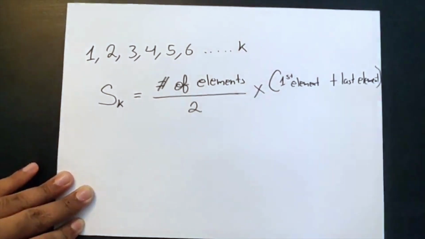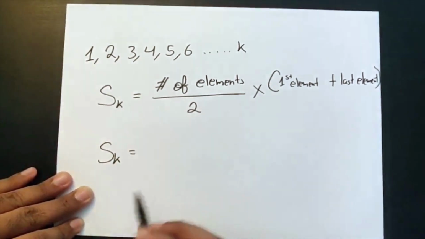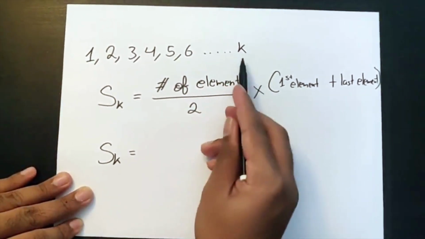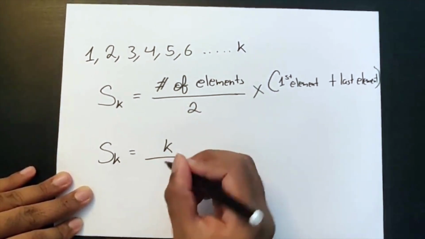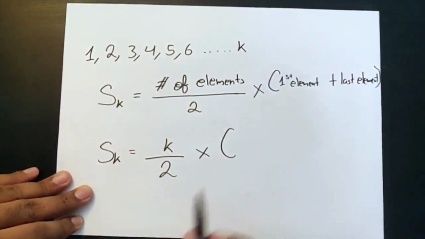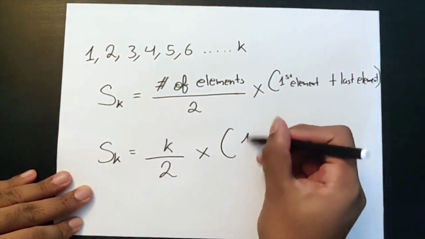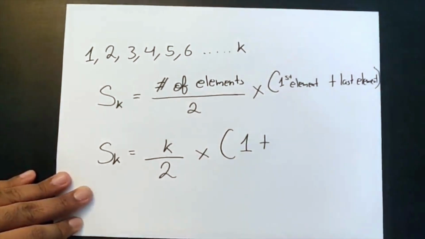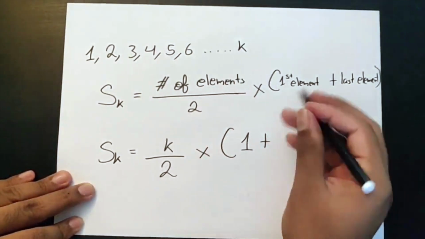Okay, so now let's substitute this formula. How many elements do we have? We have a total of k elements. So it's going to be k divided by 2, multiplied by the first element. In this case, the first element is always going to be 1, so we're going to do 1 plus the last element. The last element is always going to be k.